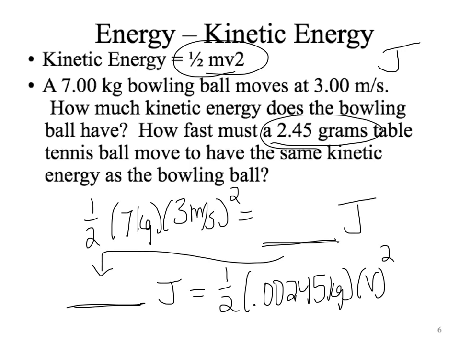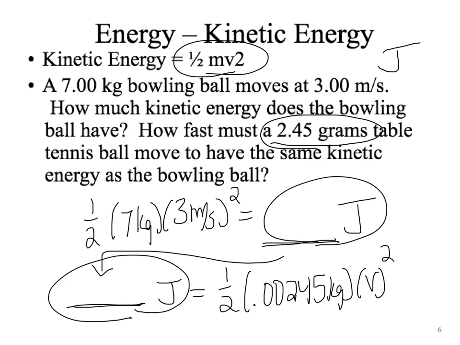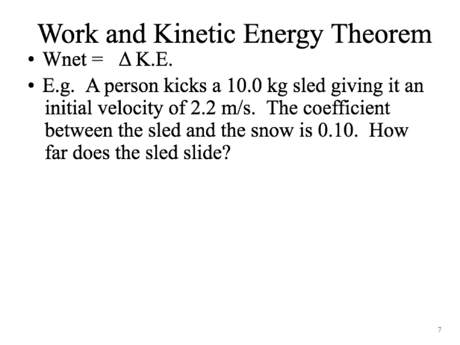So again, you could calculate the number of joules, set it down here if you want to have that same energy, go through and calculate the velocity, how fast would it have to go. And I don't have that answer, but it'd have to go really, really fast to have that same amount of energy. Okay, so what are we going to do with that?